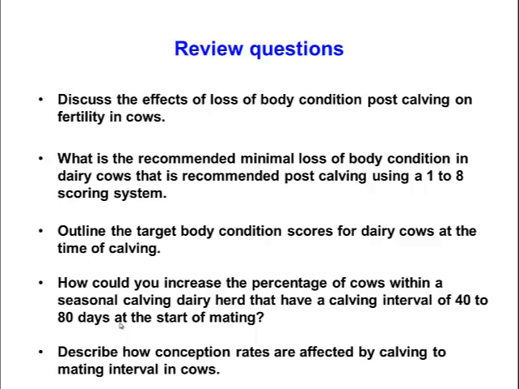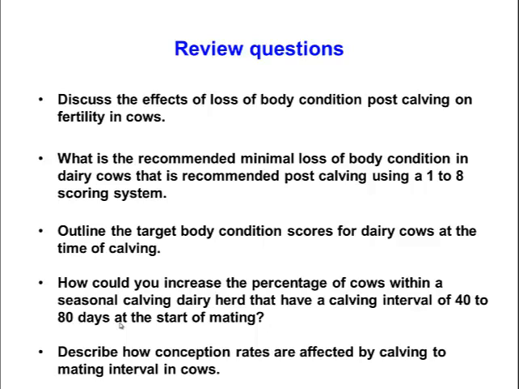How are conception rates affected by the calving to mating interval? Generally, not many cows get pregnant under 30 days post-calving because the uterus is still in a state of repair. But between 30 and 80 days, there's a steady increase in pregnancy rates per week. At optimum pregnancy rates, the graph tends to flatten out between about 60 to 80 days.